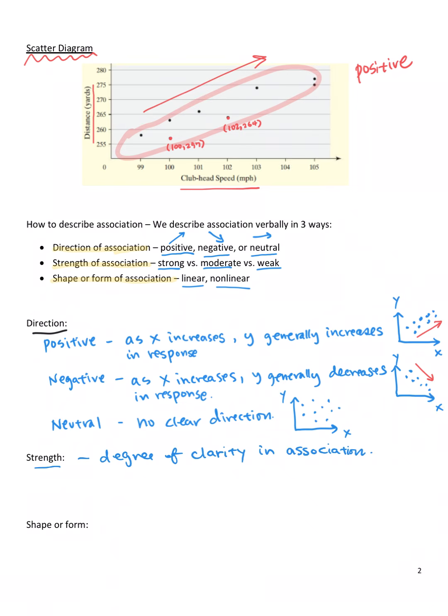So we're looking at how clear the direction and the shape of the association are. When we say that the association is strong, let's start with that one, that essentially means that the direction and the shape or form of the association are very clear.